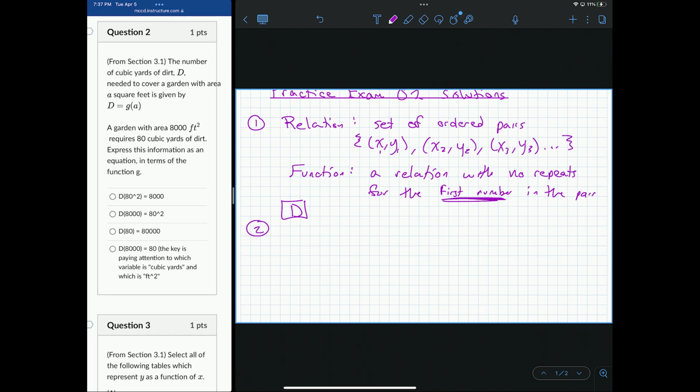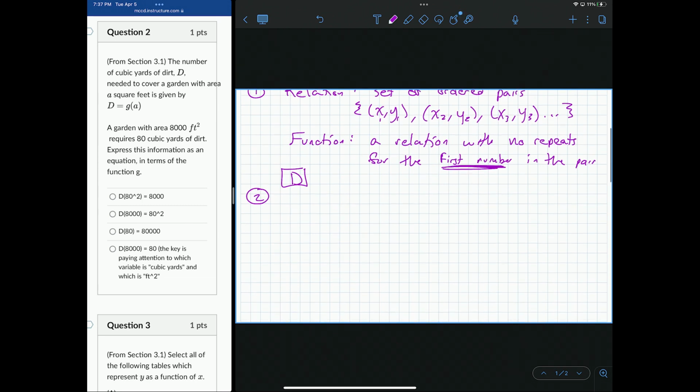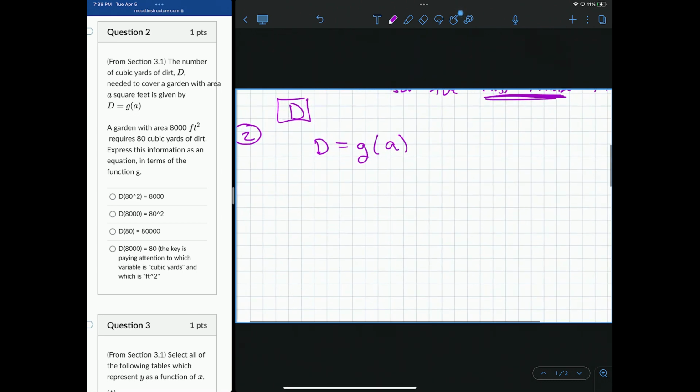All right, question 2. The number of cubic yards of dirt D needed to cover the garden with an area A square feet is given by D equals G of A. So the key here is writing this down: D equals G of A. And if you label what the D and the A are, D is cubic yards of dirt.